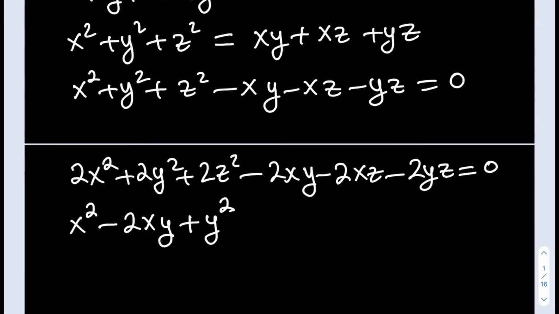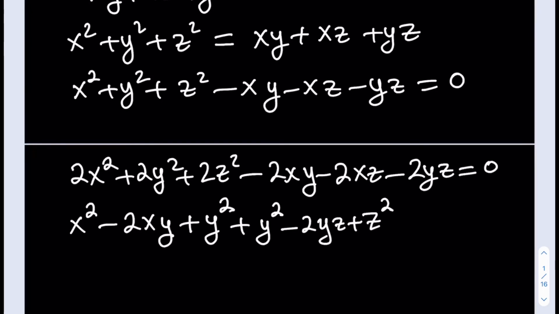So I'm just going to borrow y squared. I still have x squared and y squared left, okay? Then I'll just continue. Since I already used one y squared, let me use the other one. But this time I'm going to pair up y with z, so I do need negative 2yz. Let me go ahead and write that down. Then I need to continue with z squared.